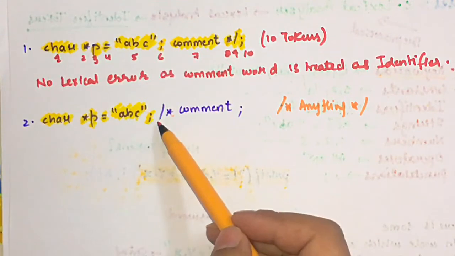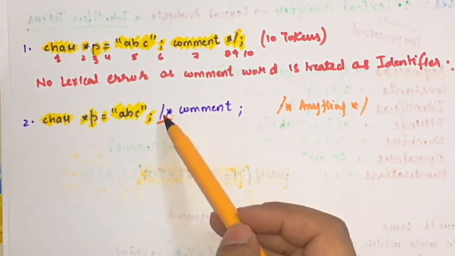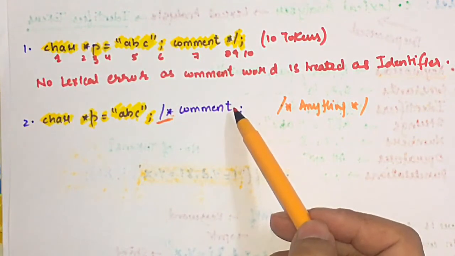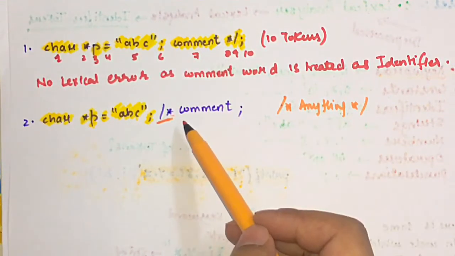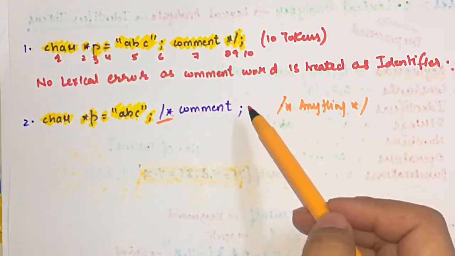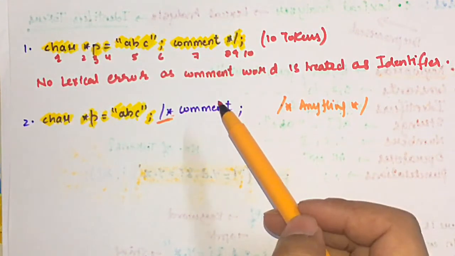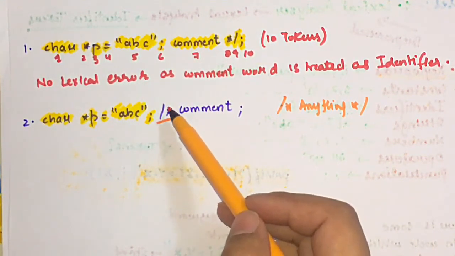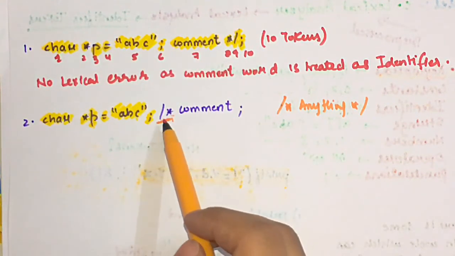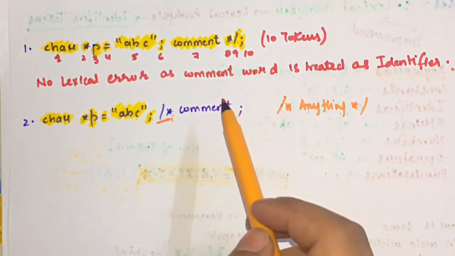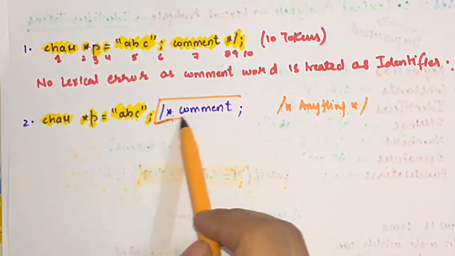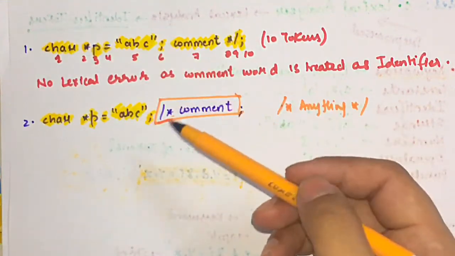So it will start ignoring everything ahead and will look for the closing of the comment, which means it will look for asterisk and oblique again, because it is already defined in the syntax of a comment that it starts like this and ends like this. But in this line of code, the comment has been started but not closed, hence the analyzer will not be able to identify it properly as a comment, and a lexical error will be thrown.